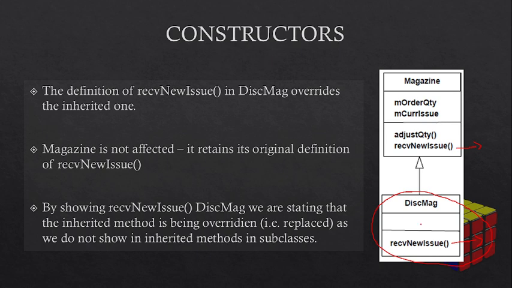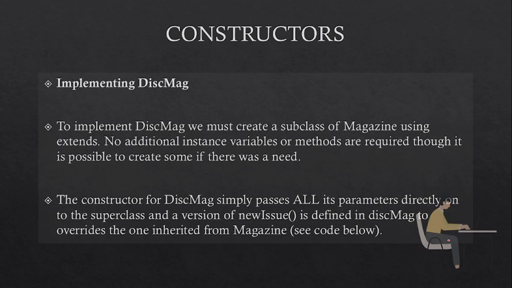So kung dito na siya pag-display, wala, empty lang, meaning yung inherit lang sa disk magazine ang inyong magazine. But since we're implementing a new method, trying to update the method or create a new flow sa receive issue, that is why we've stated sa ating class diagram that there is a new receive issue, although same name lang siya.